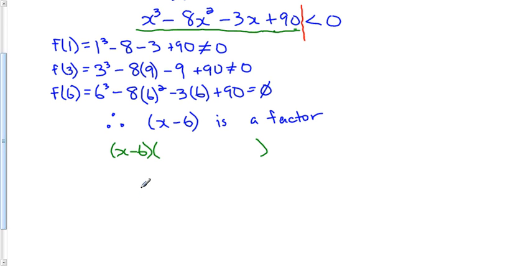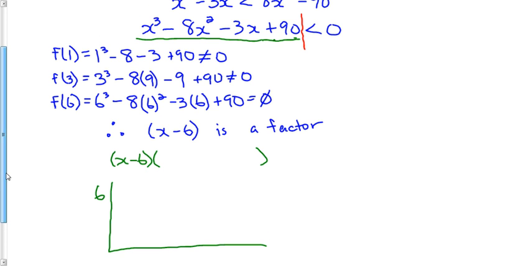So I'm going to scroll down here and set up our synthetic division, and put a 6 here, and then of course we put the coefficients of our expression here. So we have 1, minus 8, minus 3, and 90.